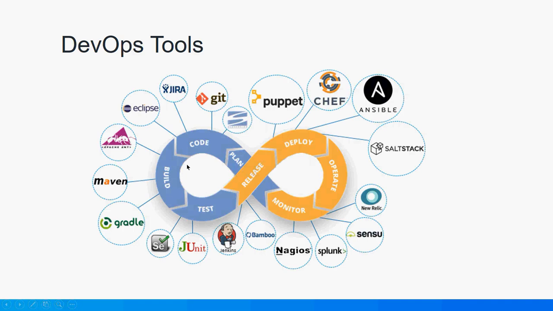So in our case, in development we are using Eclipse, and in fact we are using IntelliJ as well recently for some of the stuff, like the automation team uses IntelliJ for the IDE.